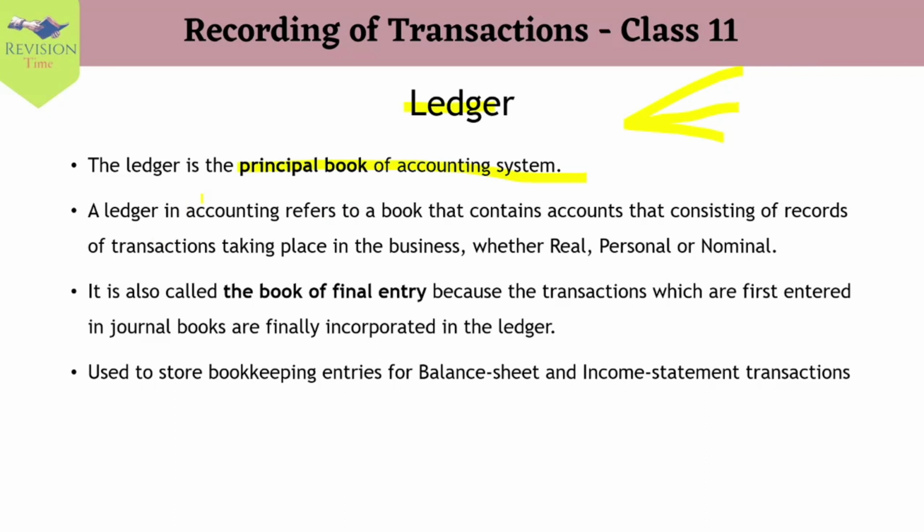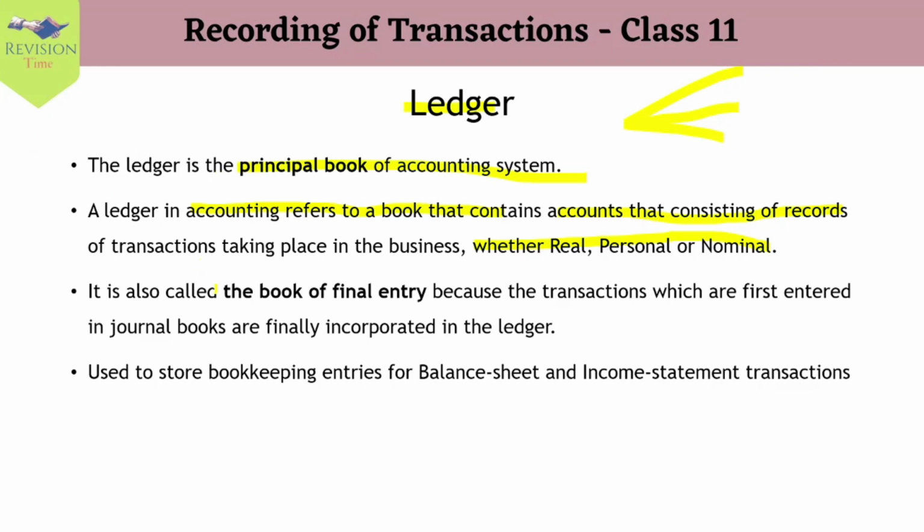A ledger in accounting refers to a book that contains accounts consisting of records of transactions, whether real, personal or nominal accounts. So whatever accounts we have recorded, real accounts, personal accounts, nominal accounts, are posted into the ledger.